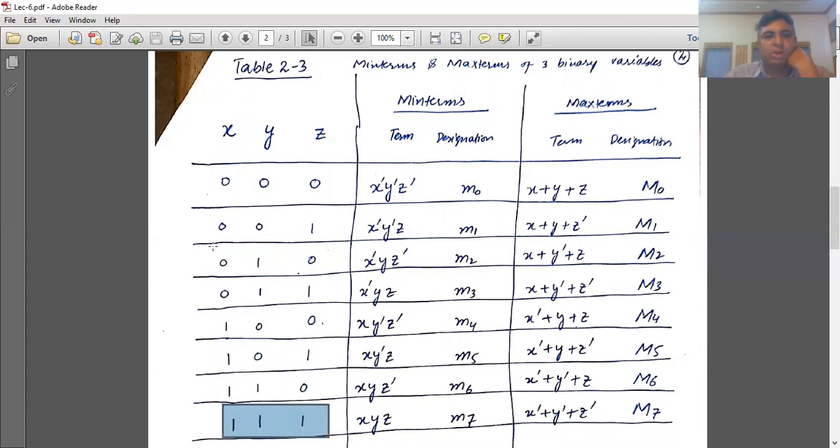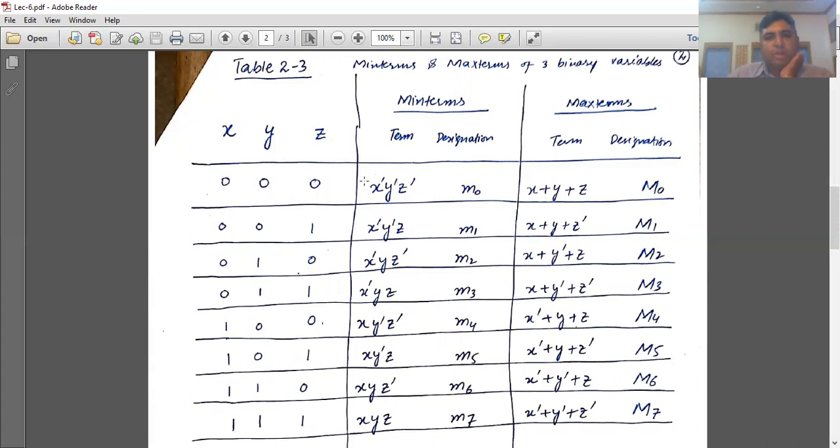You can also write four zeros and then four ones under x, then under y write 00 and 11, then 00 and 11, and in the third variable write 0, 1, 0, 1, 0, 1 up to eight combinations. Now, these three variables have eight combinations. What are the minterms of these three variables and what are the maxterms of these three variables?